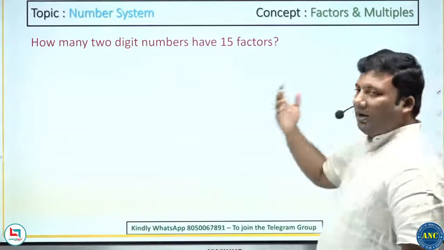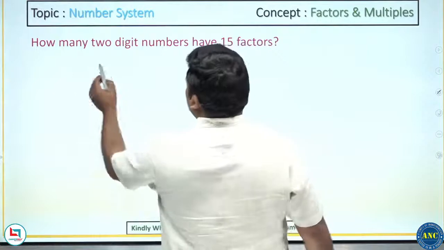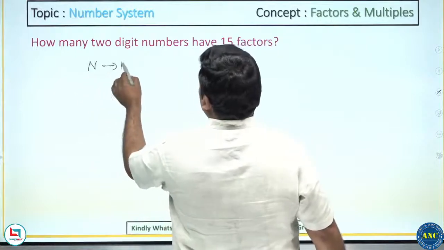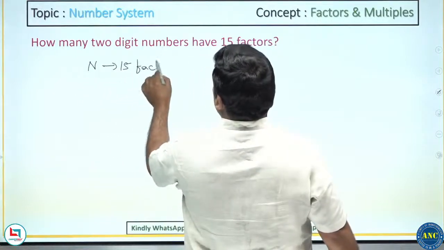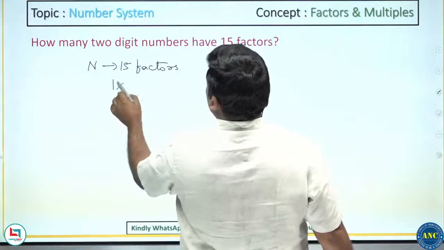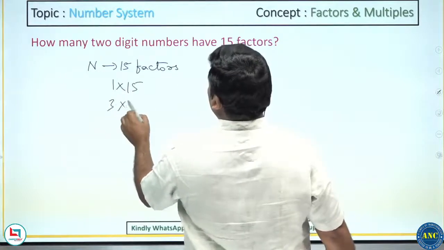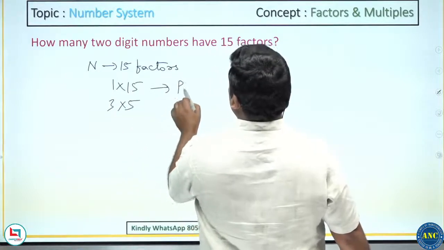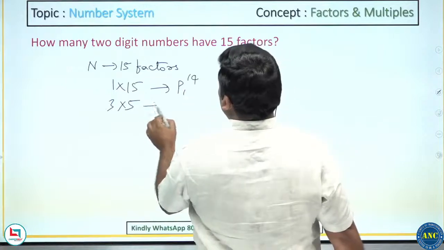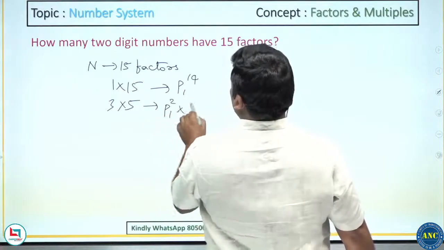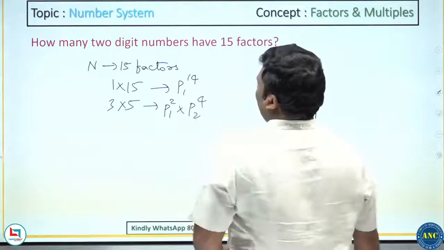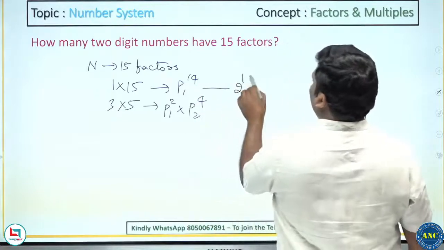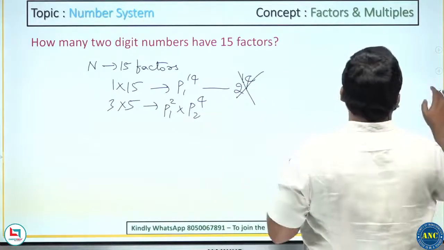Next one, how many two-digit numbers have 15 factors? This is a practice question. 15 factors: 1 into 15 and 3 into 5. So it is P1 power 14, or P1 power 2 into P2 power 4. If it is 2 power 14, it is not a 2-digit number.